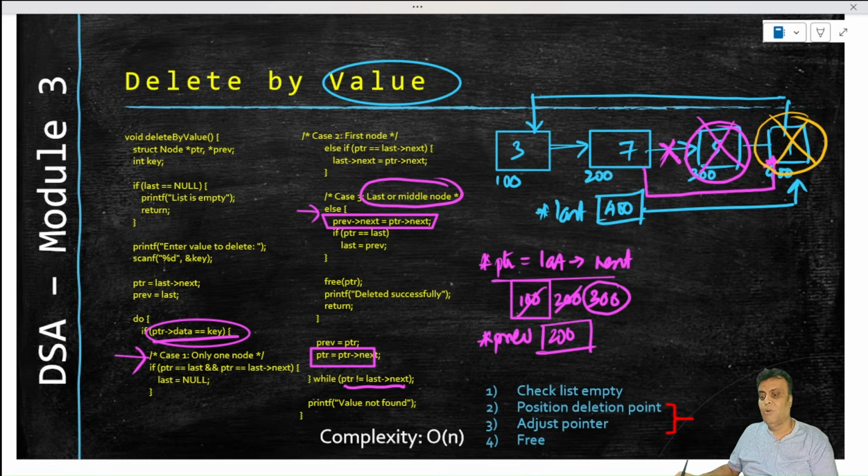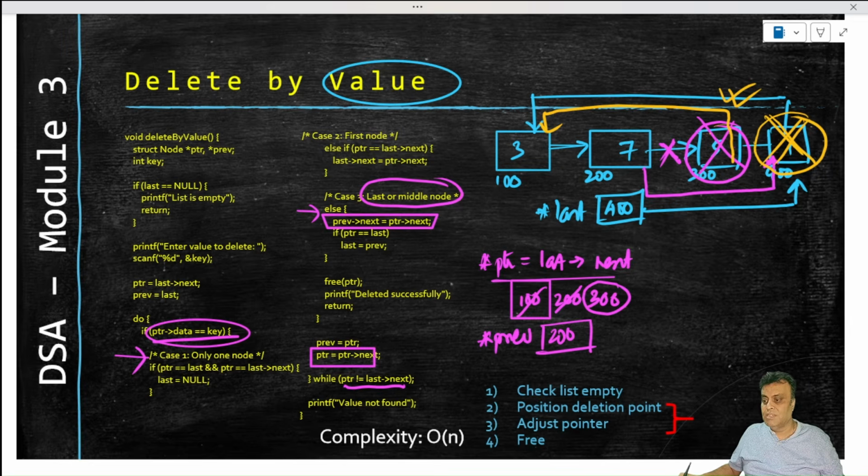You are deleting this. If you are deleting this, then your previous next is equal to the pointer next. What is my pointer next? My pointer was pointing to this node, my previous next was pointing to this node. So this particular node which is previous, that next should point to wherever the last node was pointing. The last node was pointing here, so the previous next, that is here, should point to here, because we are deleting this.